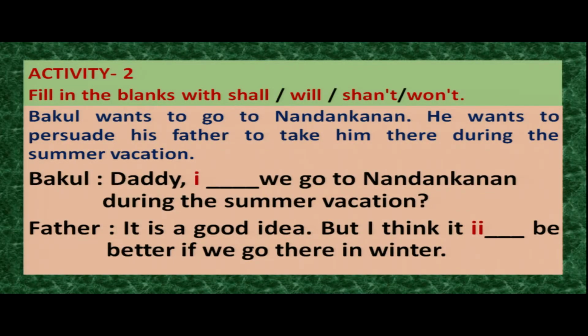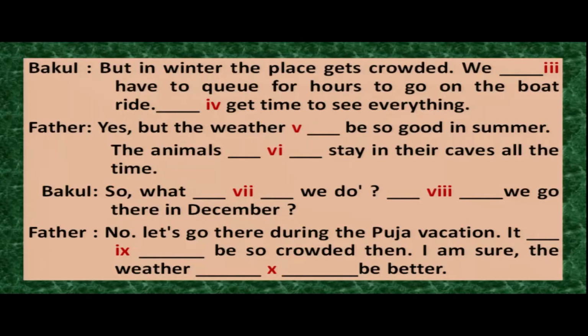Let's listen to this first. Bakul: Daddy, shall we go to Nandankanan during the summer vacation? Father: It is a good idea, but I think it will be better if we go there in winter. Bakul: But in winter the place gets crowded. We will have to queue for hours to go on the boat ride.